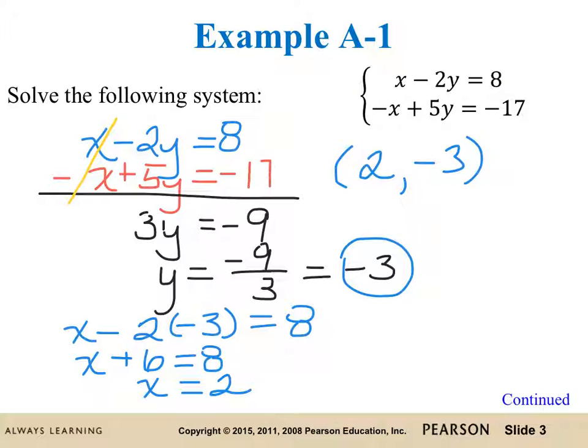So that means the solution to our system is 2, negative 3. And as always, we should check that solution by substituting into our first equation. So if x is 2, minus 2 times negative 3, oh sorry, forgot the 2 in front of it.